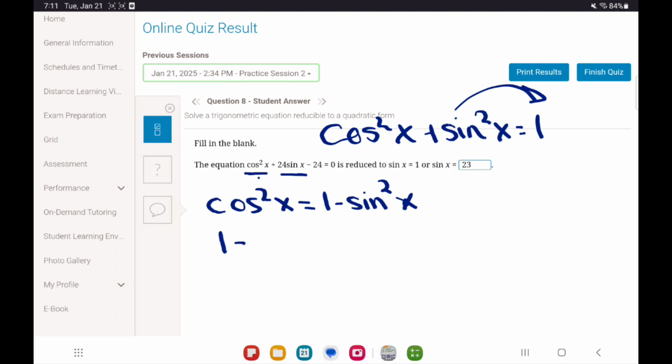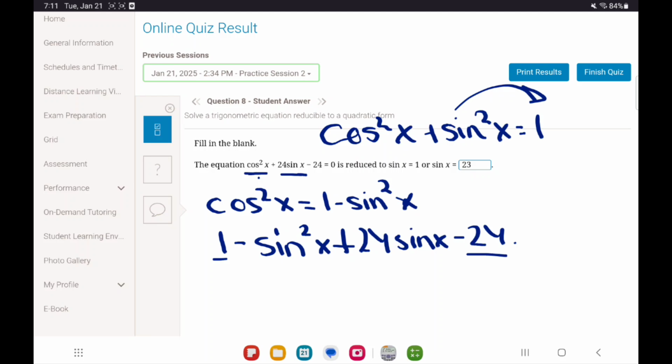So 1 minus sine squared x plus 24 sine x minus 24. We have two numbers which we can add, so plus 21: 24 sine x minus 24 plus 21 is minus 23.